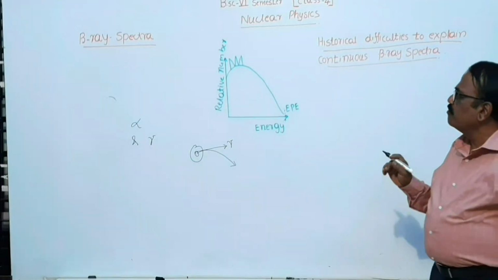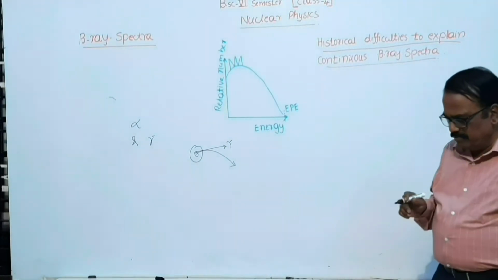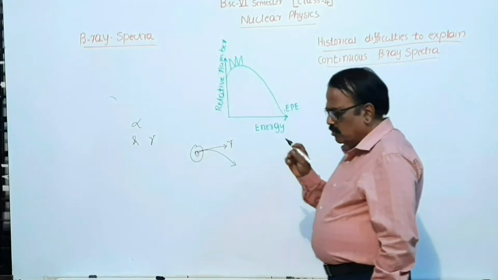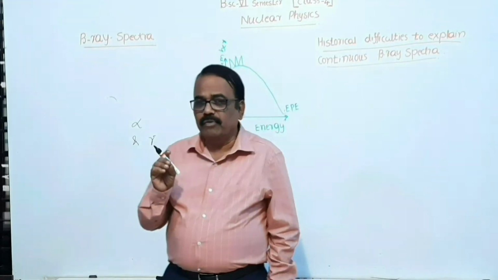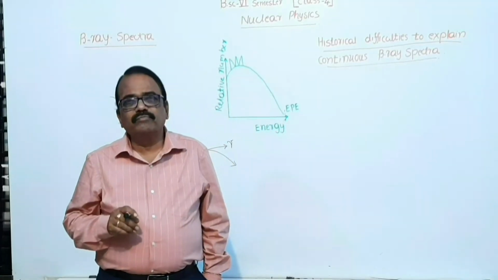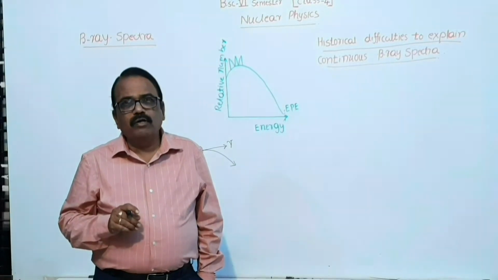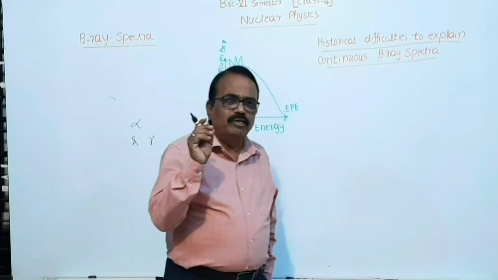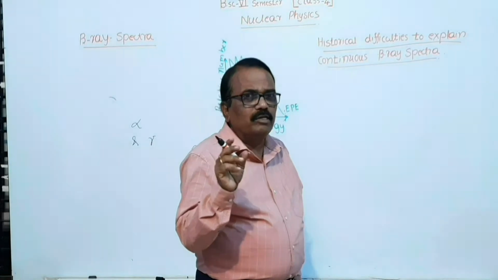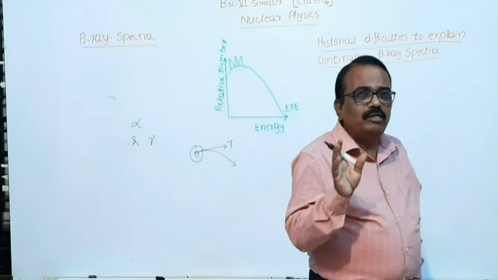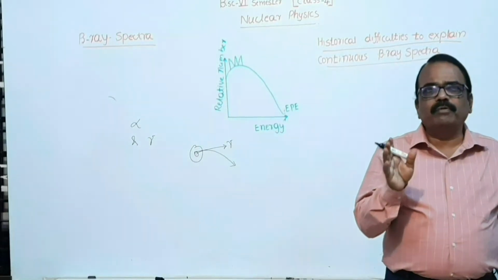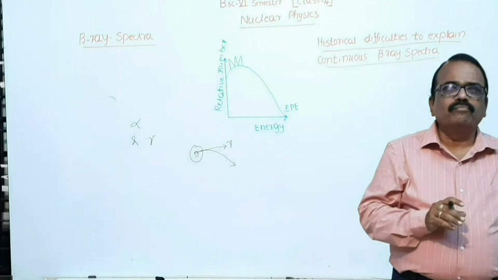Then, regarding its energy, the energy of this beta particle should be equal to a definite amount of energy, which is the difference between the energies of the parent and daughter nuclei.